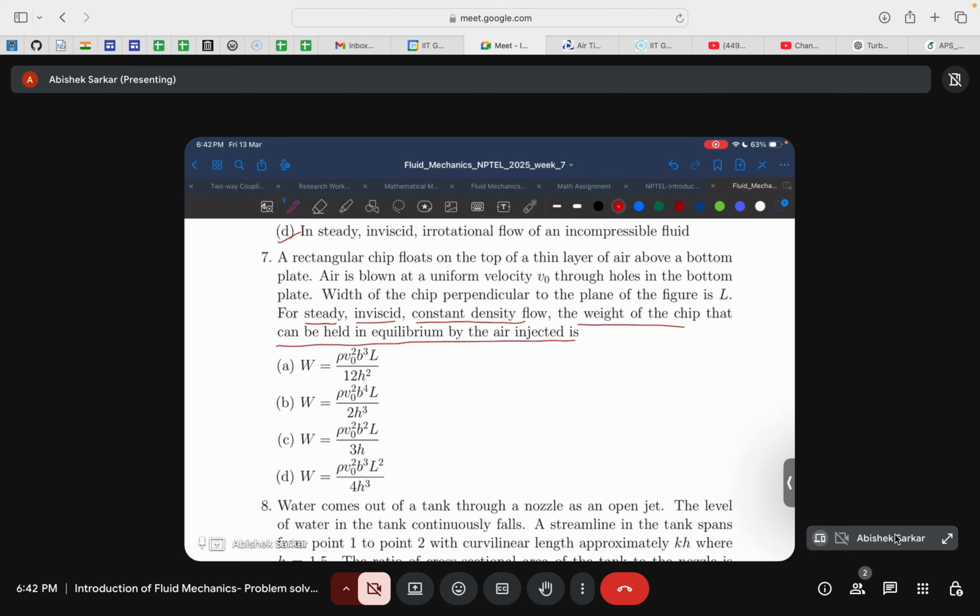There is a plate here and air being injected in this direction, so this motion of fluid will try to balance the weight of the plate. So we need to find the weight of the plate, and for that, I think we need to find the pressure. Okay, let us look into the solution. Now maybe you can pause the video. I hope the question is clear, then try out your answer.